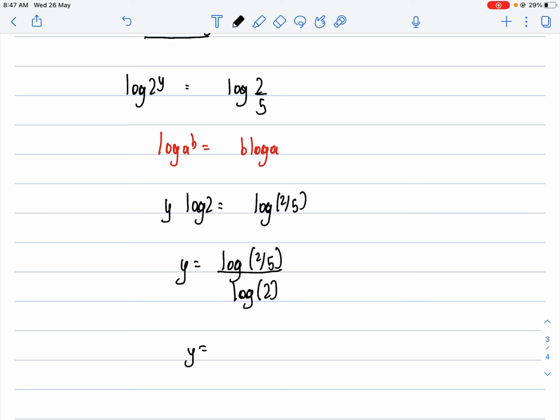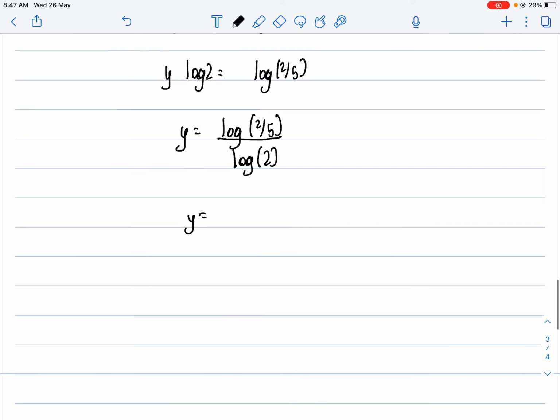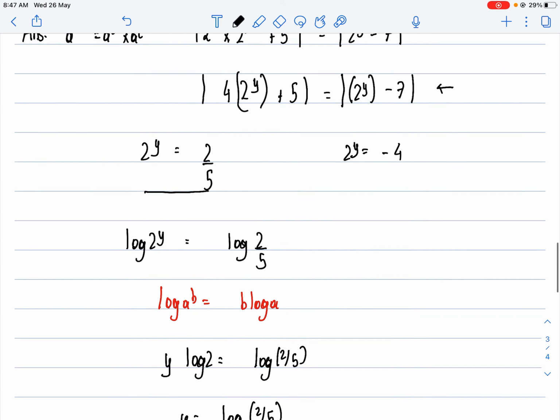So when I solve this on the calci, I get my y basically as minus 1.32.